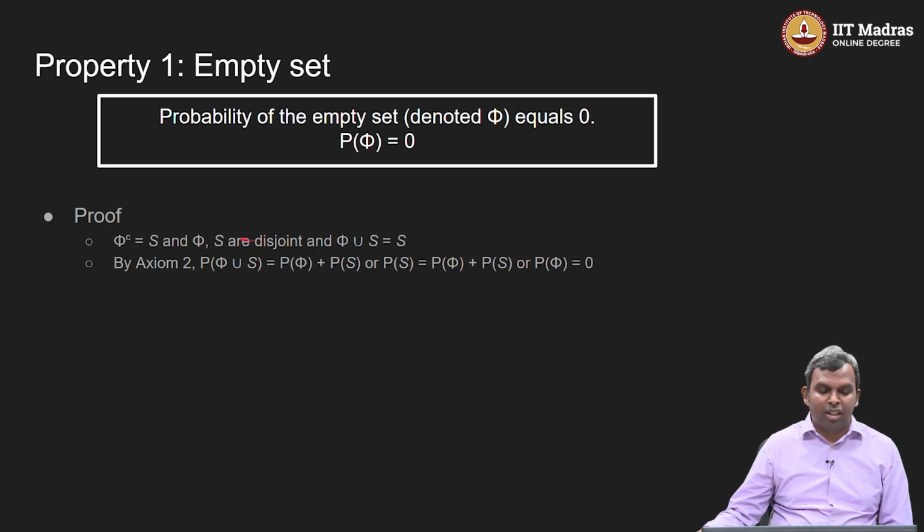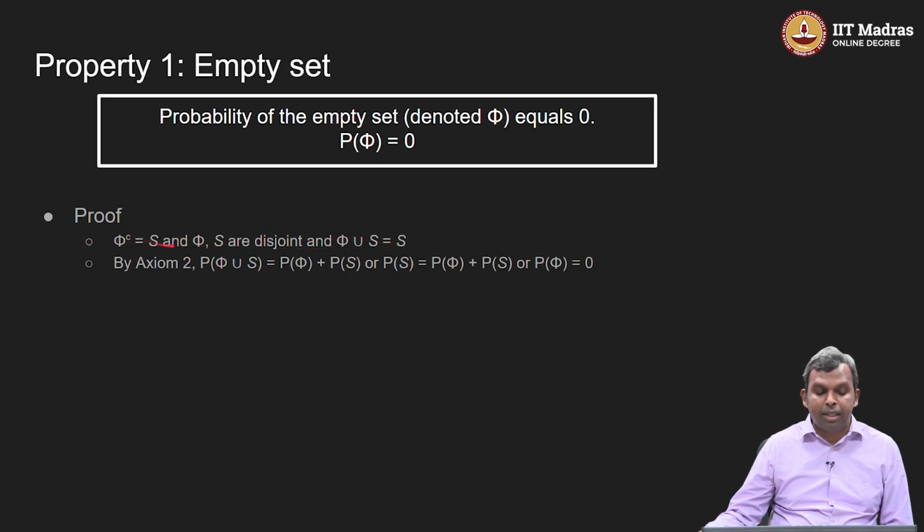It is very easy to see that phi and S are disjoint, the empty set is disjoint with everything else, is not it? So, clearly phi and S are disjoint, and you also observe that phi union the sample space is the sample space. Okay.